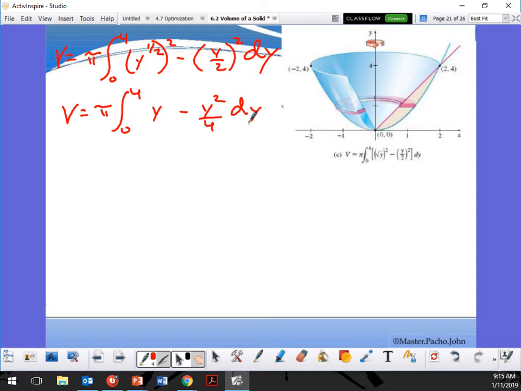So it's going to be pi times the bracket. This is going to give me y squared over 2, and this is going to give me minus y cubed over 12, from 0 to 4.